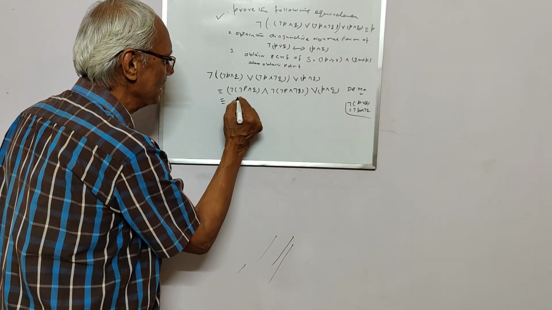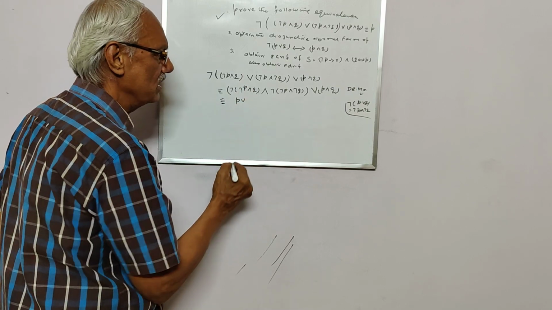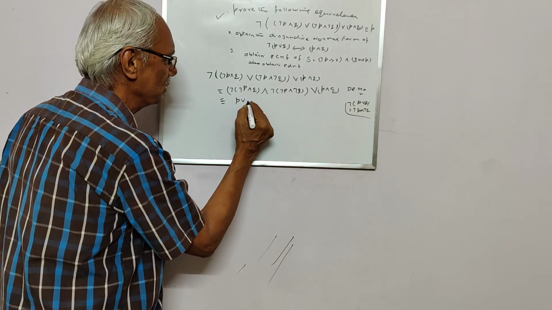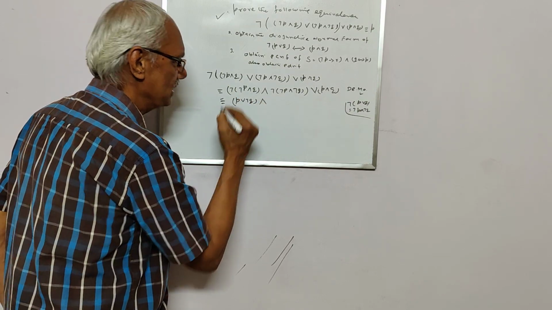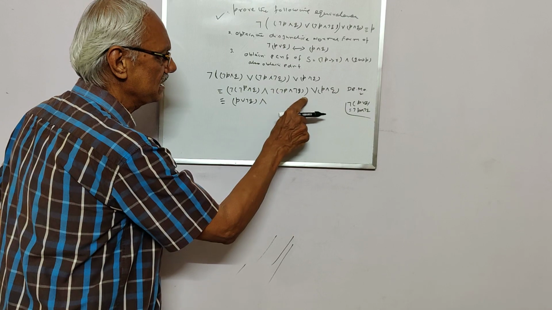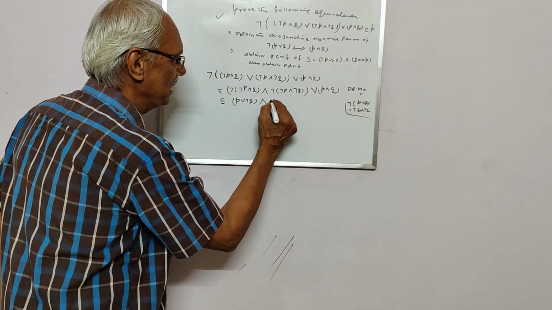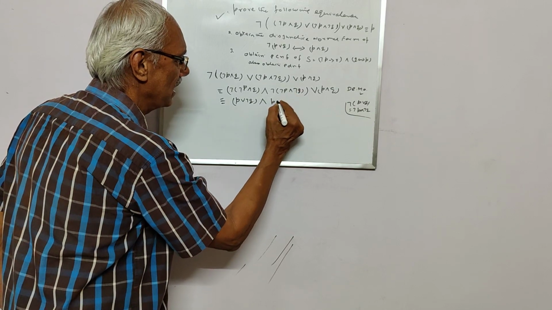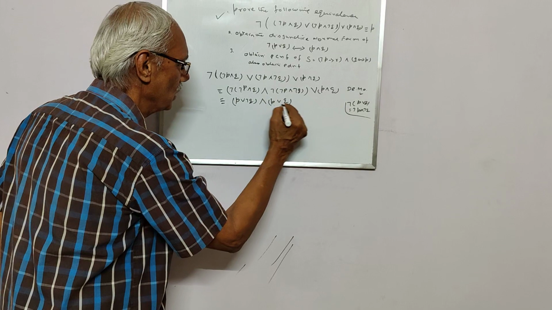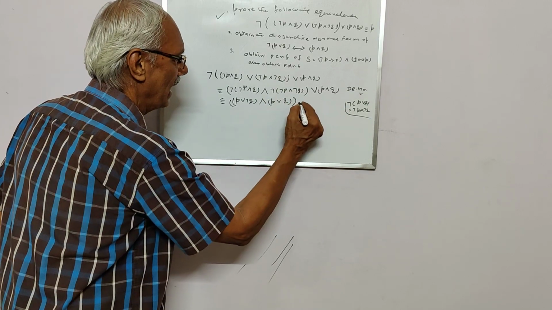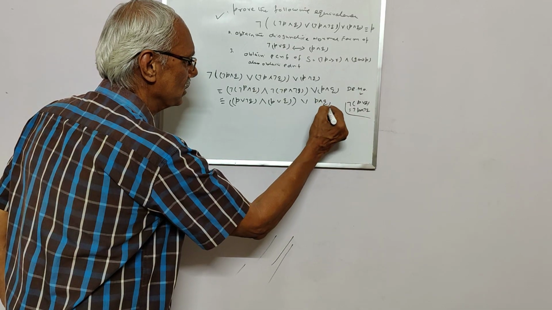So you will get negation of P is P, and conjunction means disjunction, negation Q. Take this negation inside. So negation of negation P is P, and this conjunction will become disjunction, and this will be Q. Keep this in a bracket, and this is disjunction P conjunction Q.